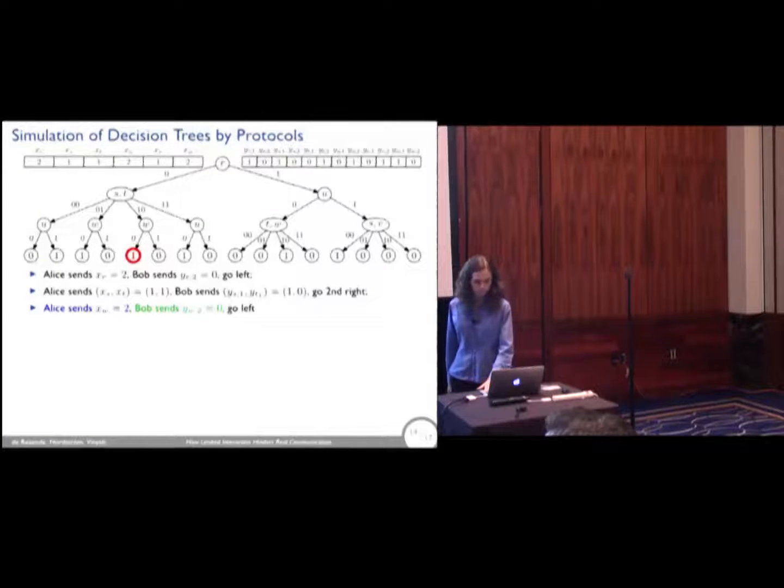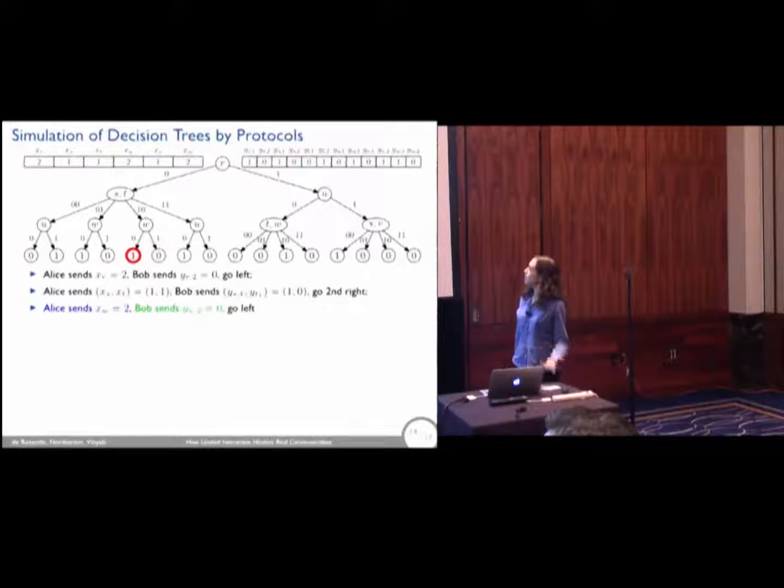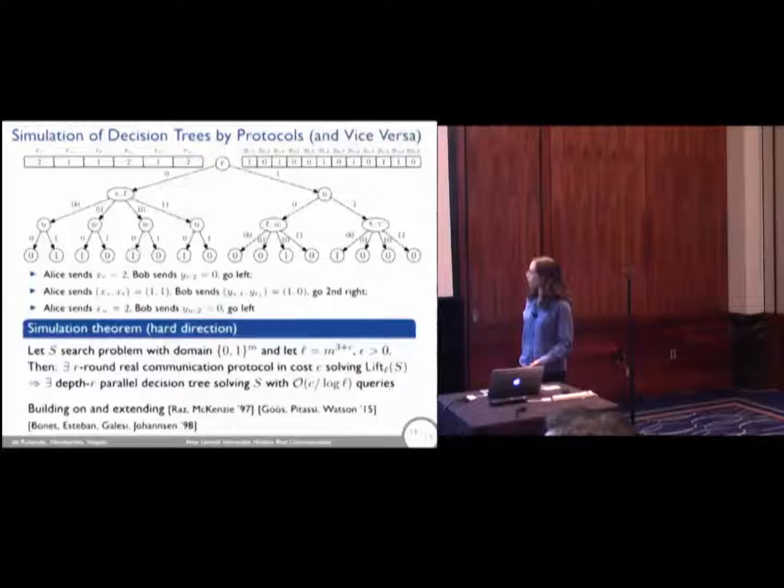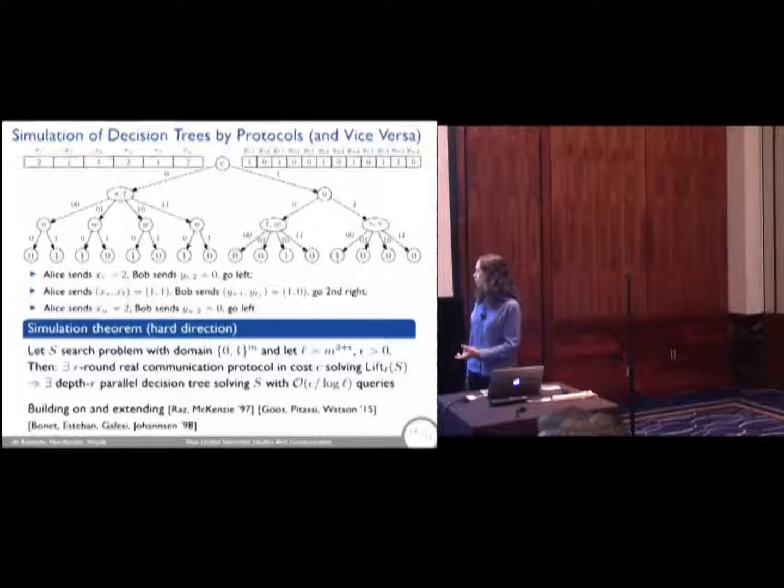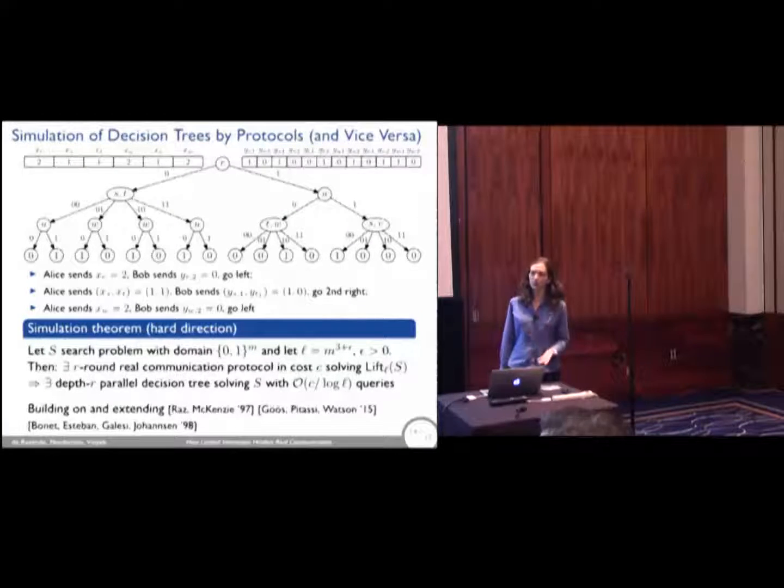Okay, so this is a nice observation, and our main technical contribution is that actually the opposite is also true. So this is essentially the best that Alice and Bob can do. If there is an R-round real communication protocol in cost C solving the lifted problem, then there is a depth R parallel decision tree solving the original problem in about C queries.